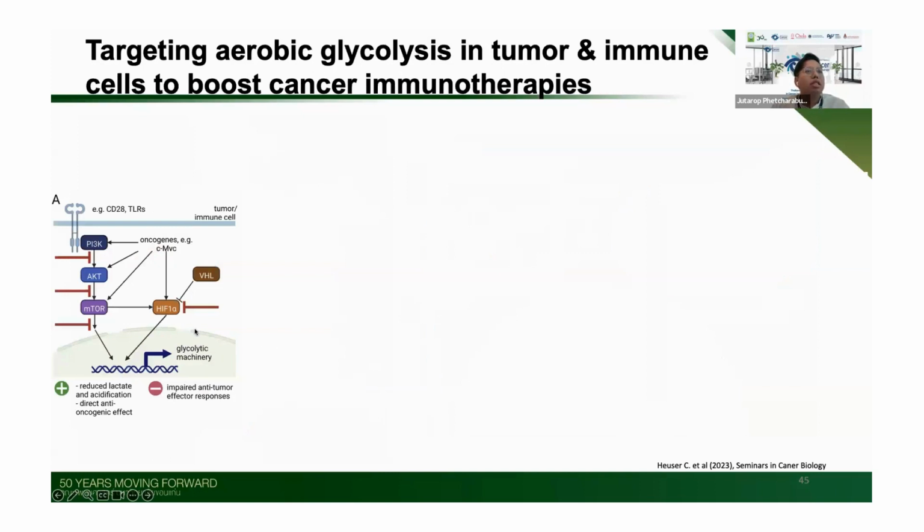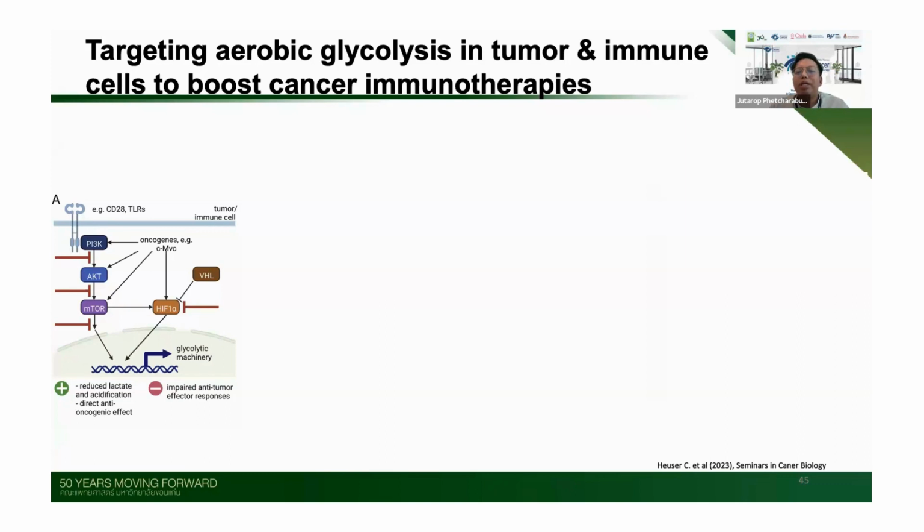So this is an example of targeting aerobic glycolysis in tumor and immune cells to boost cancer immunotherapies. Figure A here shows the inhibition of the glycolysis-inducing pathways, where Warburg metabolism is driven by mTOR and/or the interconnected HIF1 alpha signaling pathway downstream of oncogenic signals. The blockade of these signal cascades can be used to inhibit the aerobic glycolysis in the tumor cells to curb tumor growth.